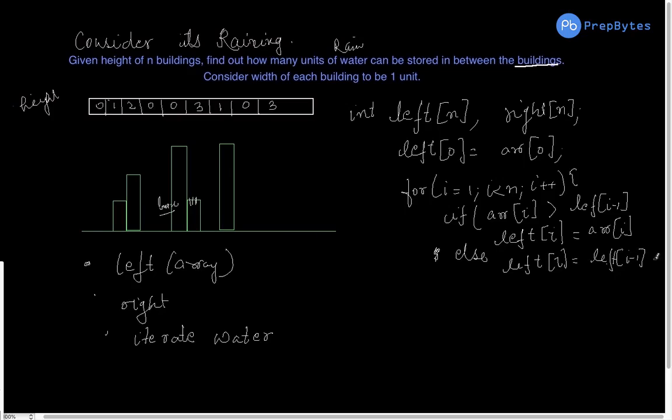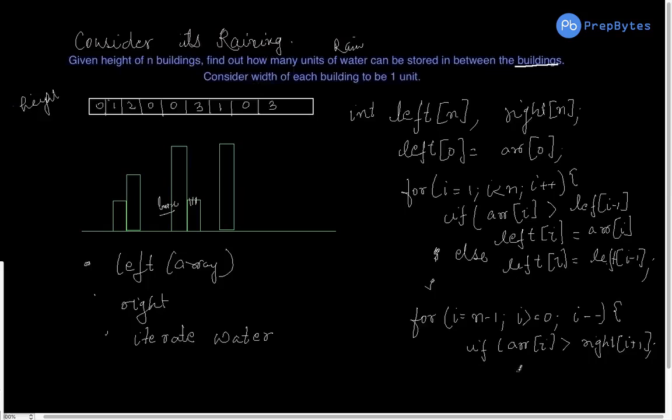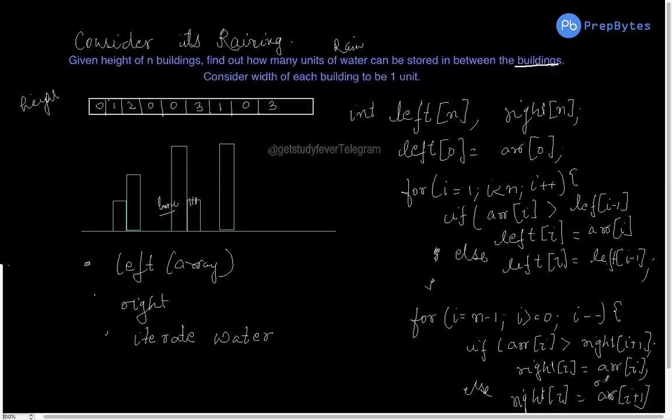Similar thing we'll do for right. We'll run a loop for i equal to n minus 1, i greater than or equal to 0, i minus minus. If array of i is greater than right of i plus 1, then right of i becomes array of i, else right of i is going to be right of i plus 1.